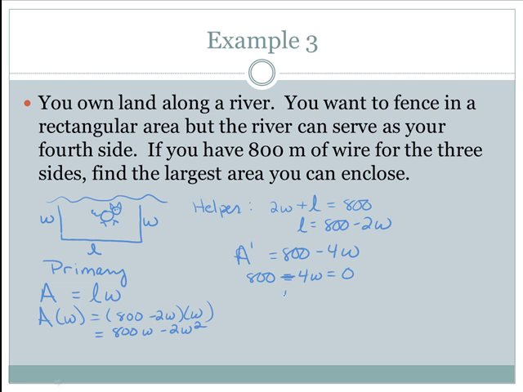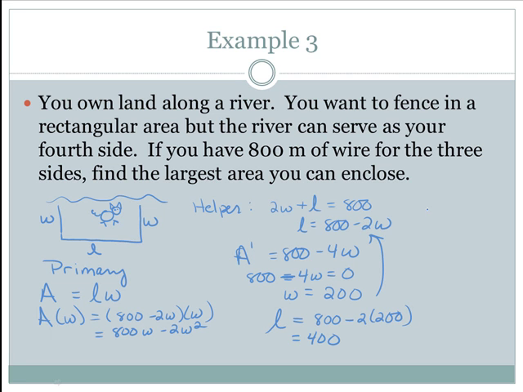We solve for W, and we get 200. We plug that 200 into here, so L equals 800 minus 2 times 200, or L equals 400.